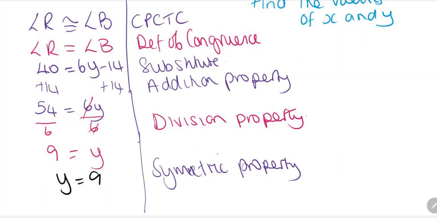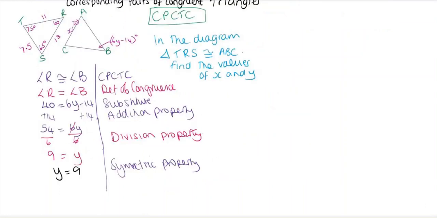And then we can say, so the length ST is congruent with CA, and this is the CPCTC, the corresponding sides.